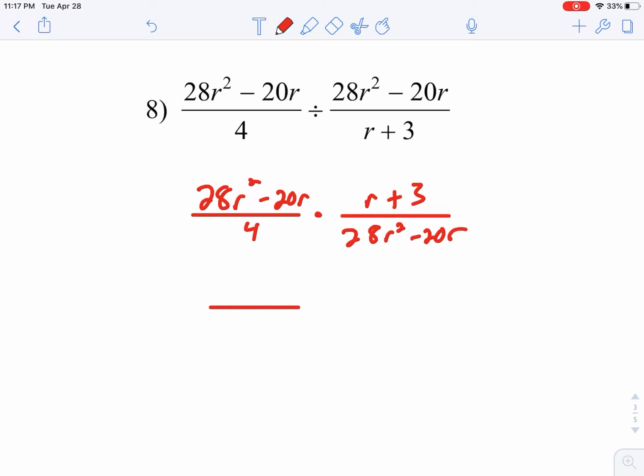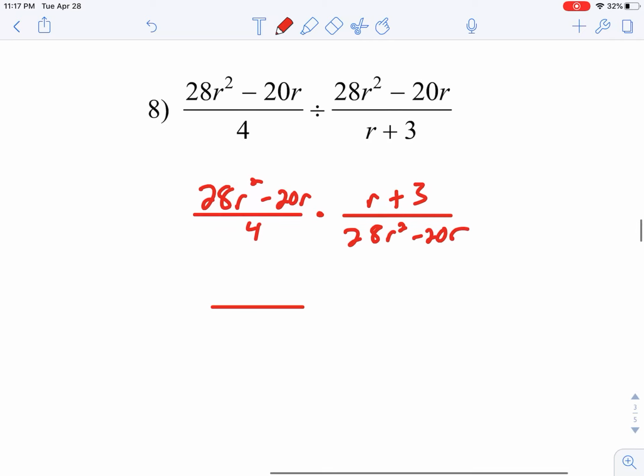Now, I see something here, and I'm about to break the rules that I laid down up above. I said factor and then cancel. Could I factor this? Yes, I could. I could factor out a 4r, and that'd give me 7r minus 5. But the reason that you factor is that when you factor, it shows you things that are going to cancel out.